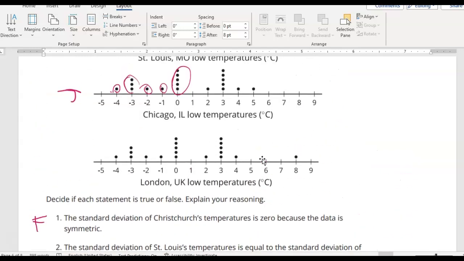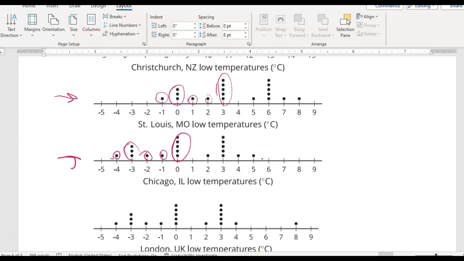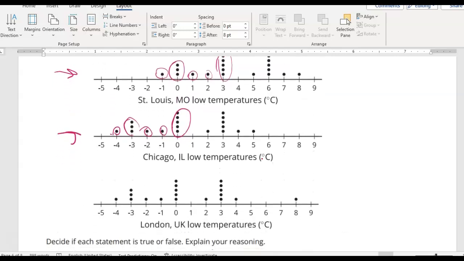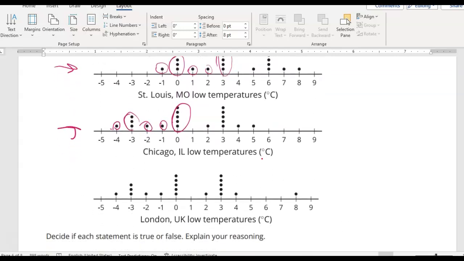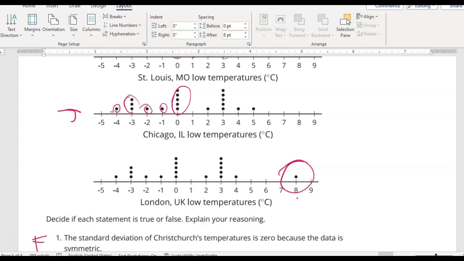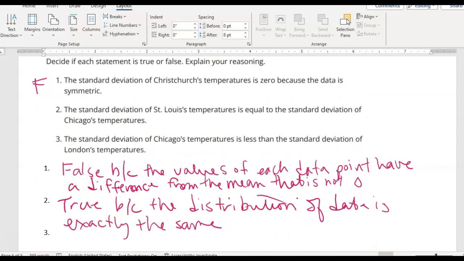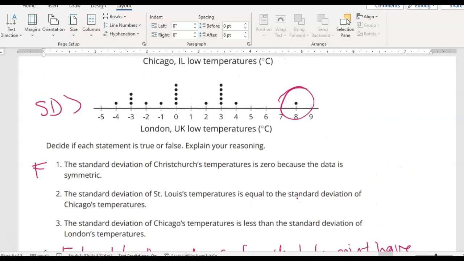All right, number 3, the standard deviation of Chicago's temperatures is less than the standard deviation of London's temperatures. So Chicago and London, we're comparing these two here. Interestingly, they have a very similar pattern. Chicago and London's distribution is almost the same, except that London has this outlier out here. And that's going to make London's standard deviation greater than Chicago's, right? So it says the standard deviation of Chicago's temperatures is less than the standard deviation of London.